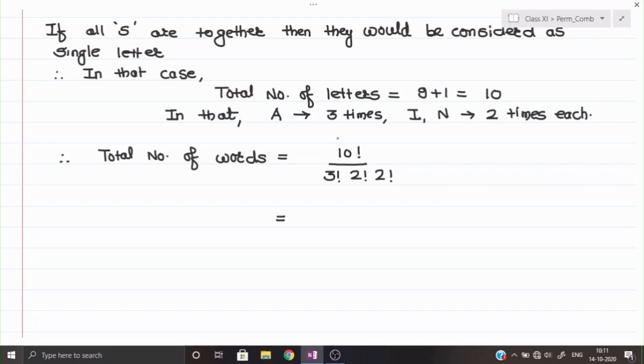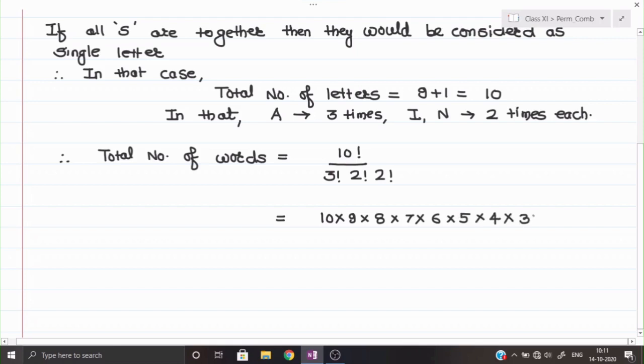So if you use the formula factorial n upon factorial p, q, r, you can put in the values similarly. Now factorial 10 I will open till the last: 10 into 9 into 8 into 7, 6, 5, 4, 3 and 2. 1 I am leaving out. And similarly in the denominator I will take factorial 3, that will be 3 into 2, factorial 2 is 2, and again one more time 2.